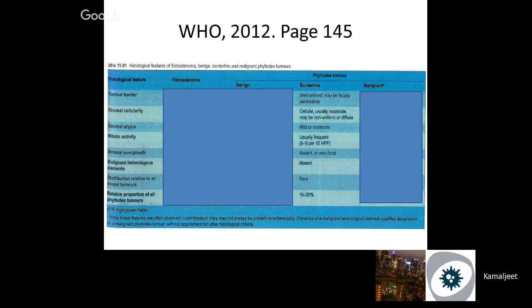Most of the time, typically, it's the border and the stromal overgrowth that kick in first. But never say never. You do look at the mitosis, and if you're seeing very frequent mitosis, you do pay attention to the border and everything.